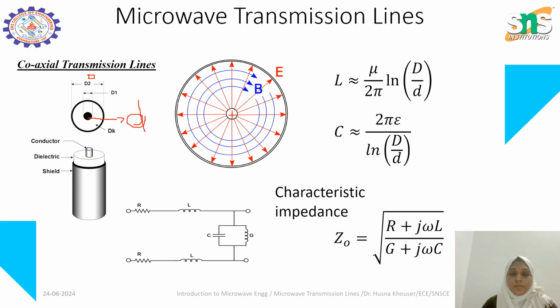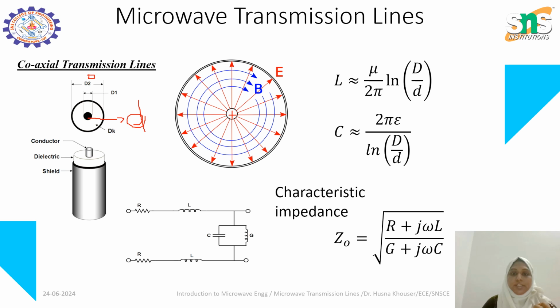So how will the magnetic field be? According to the thumb rule, if we face the pin in this direction, the magnetic field will be opposite to the plane of the electric field.